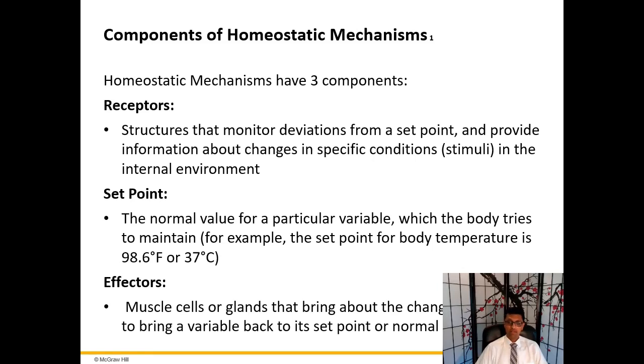Okay? So keep in mind that when you get a temperature of 99 or 100, it's not always bad, and you don't want to be so quick to run to the Tylenol or Advil to bring it down immediately. Now, kids and the elderly are different because they can't really stand fluctuations in temperature as well as young, healthy adults.